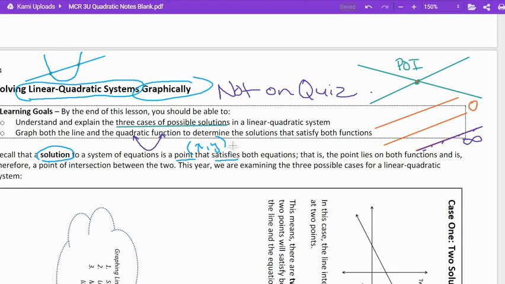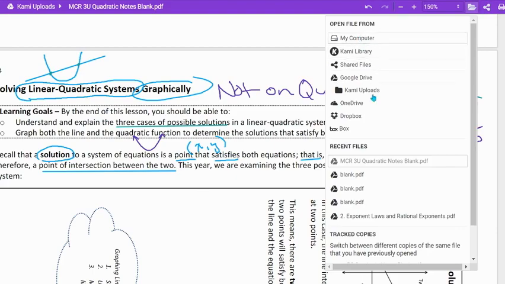Like left side will equal right side. That is what a point of intersection is. That is, the point lies on both functions and is therefore a point of intersection between the two. This year, we are examining 3 possible cases for linear quadratic systems.